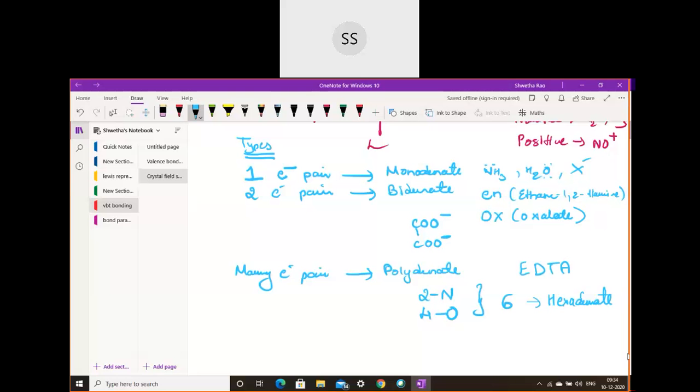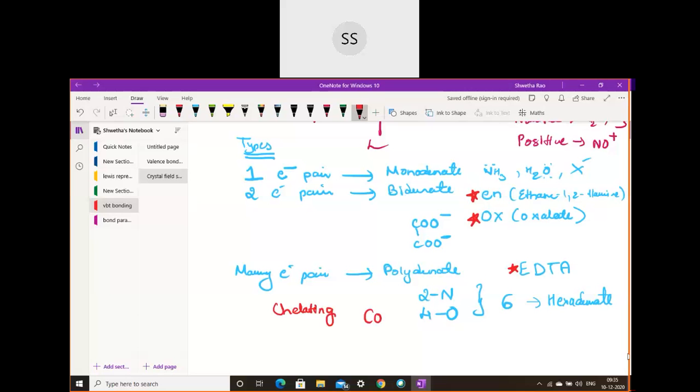If you see this particular structure, there are two nitrogens which can donate, and then in the acetate ions, you will find four acetate ions because it is tetraacetate, no? So there are four oxygen atoms in these acetate ions which can donate. So altogether they can donate around 6 electron pairs. So they are also named hexadentate ligands. It is 6. So those are the types of ligands based on how many electron pairs they can give.